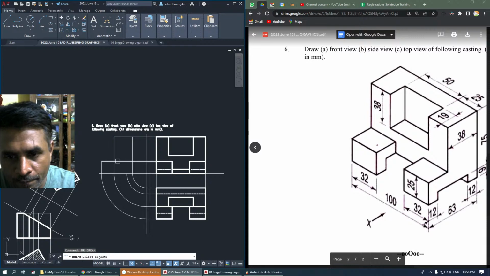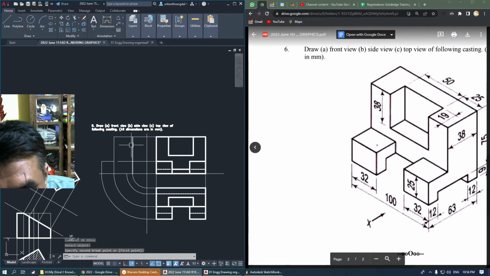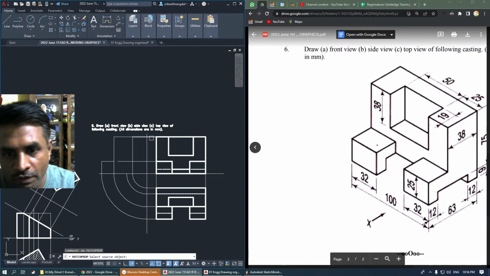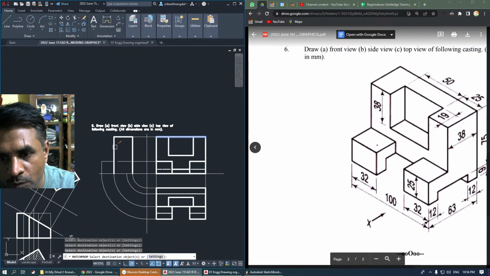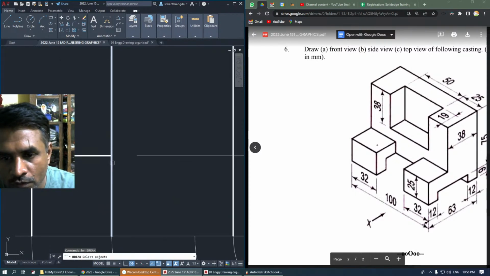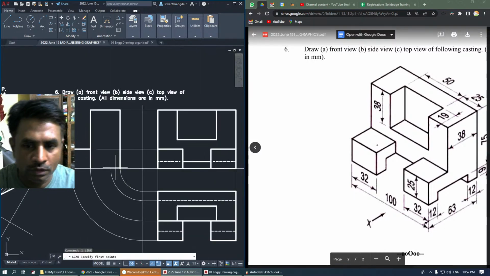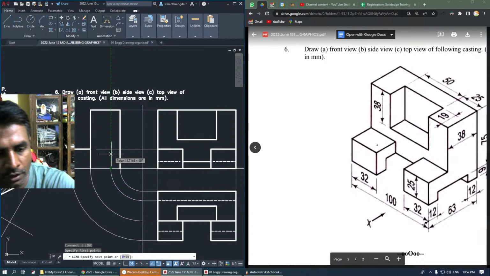Okay. Dark. This is visible. This edge here is going to go. And, okay, so this is going to go up and down.